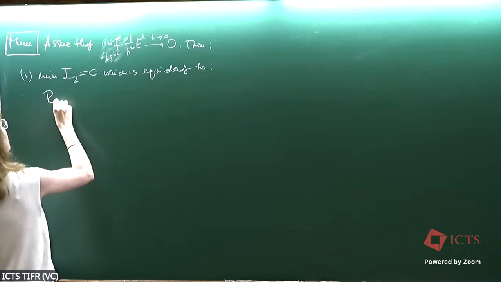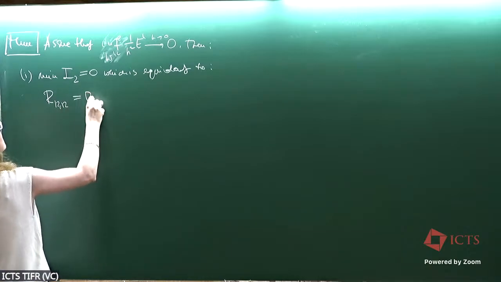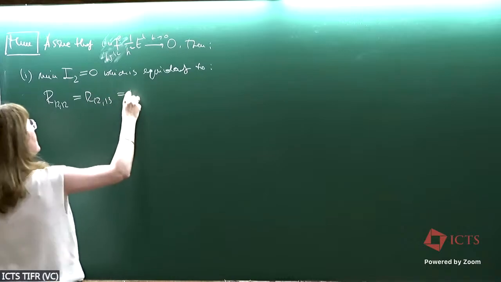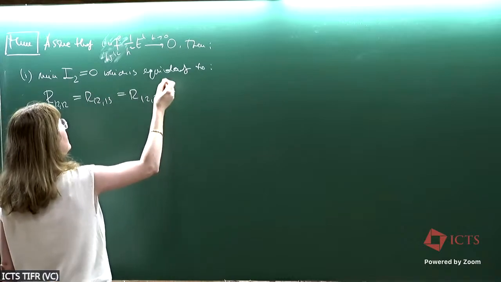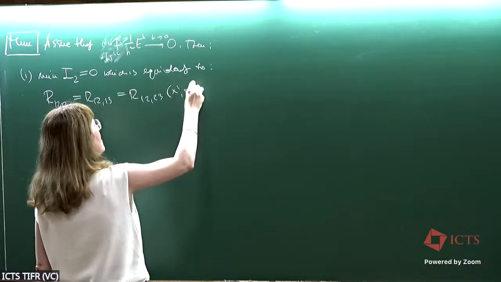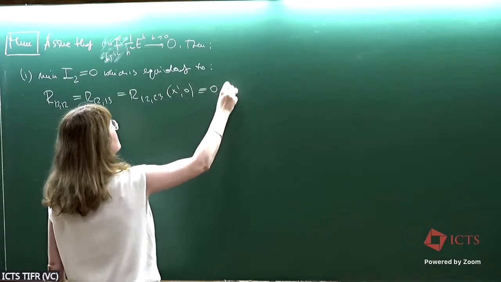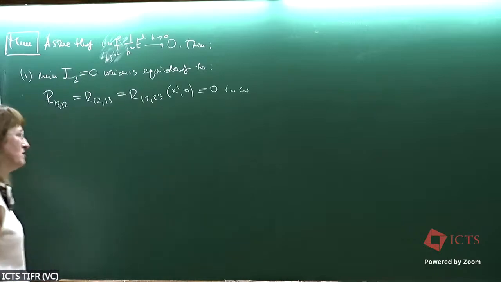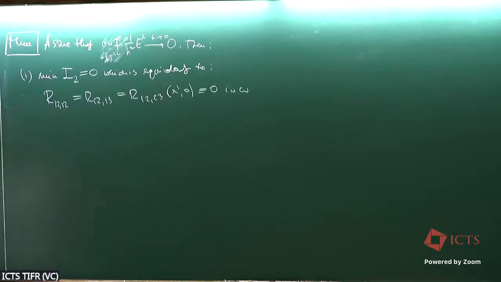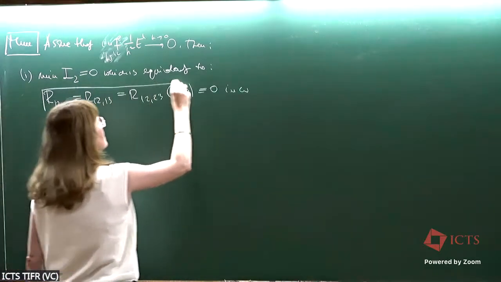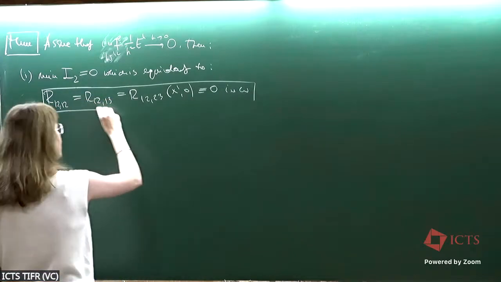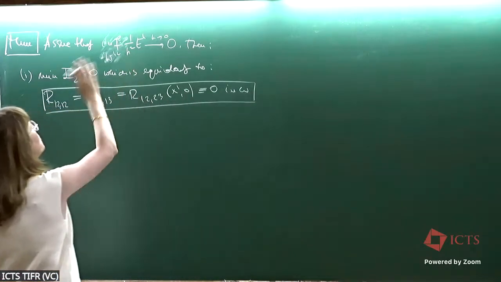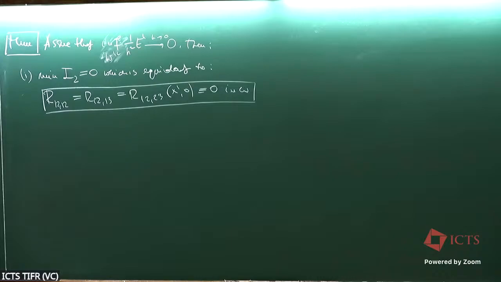So R1212 equals R1213 equals R1223 at x' 0, equivalently equal to 0 in omega, that is the mid plate. Right? So in particular, that condition is in fact equivalent to the infimum of E^h scaling faster than h squared.